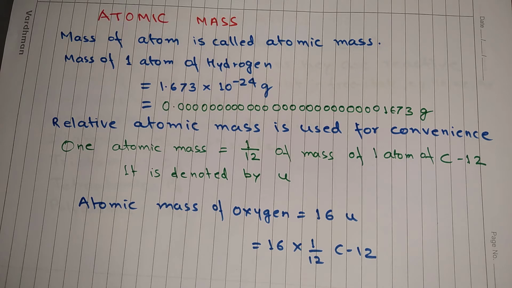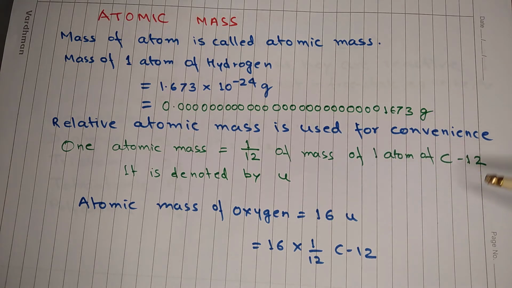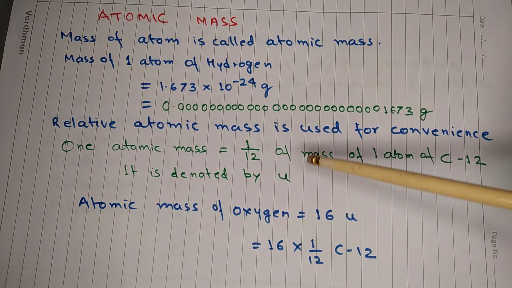Relative atomic mass: one atomic mass unit is equal to 1/12 of the mass of one atom of C12. C12 is the isotope of carbon, and one atomic mass unit is denoted by the letter u.